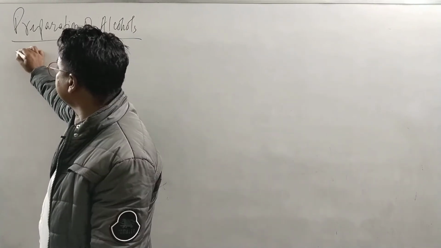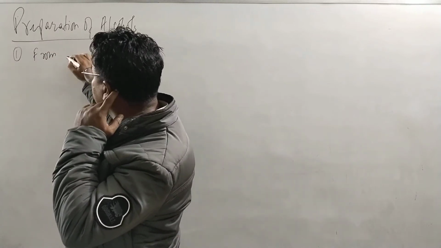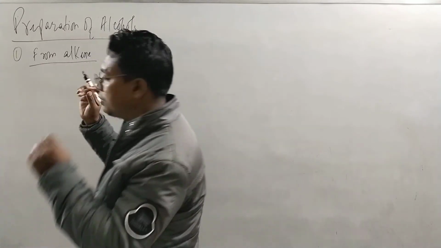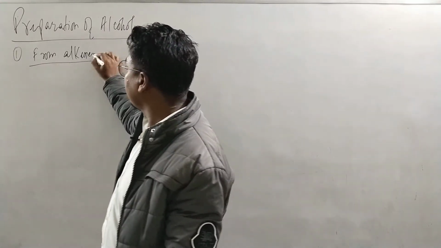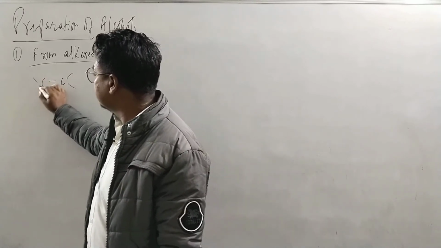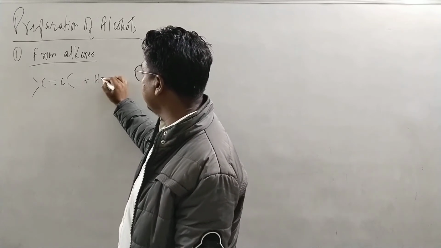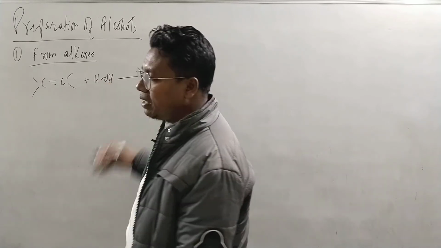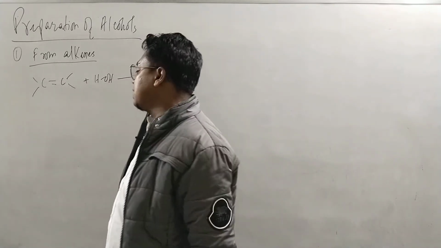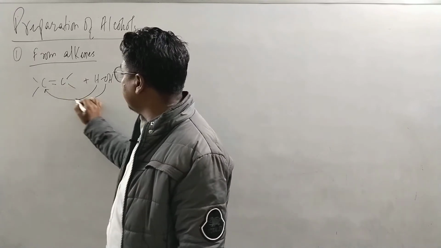In preparation of alcohols, let us take the first preparation from alkene. We can prepare alcohols from alkenes. Suppose this is an alkene, and to this we add water in some conditions, and different name reactions are there. OH and the H will be added like this.